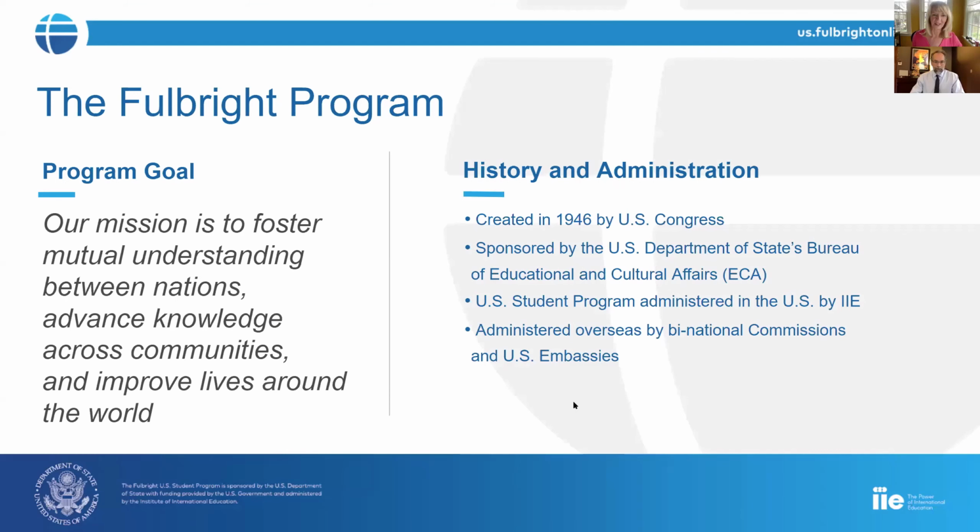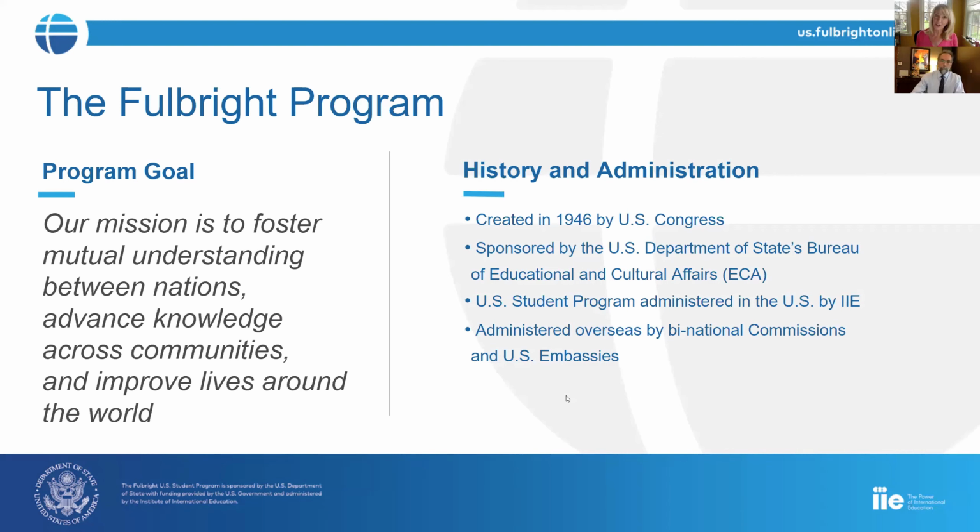We'll also point you to other useful resources that might be good in putting together a competitive bid for the ETA. First of all, just a little bit about the Fulbright program mission. The Fulbright program was launched with an idea that Senator J. William Fulbright had after World War II, when he introduced a bill into Congress that called for the use of surplus war property from that war to fund the promotion of international goodwill through the exchange of students in the fields of education, culture, and science.